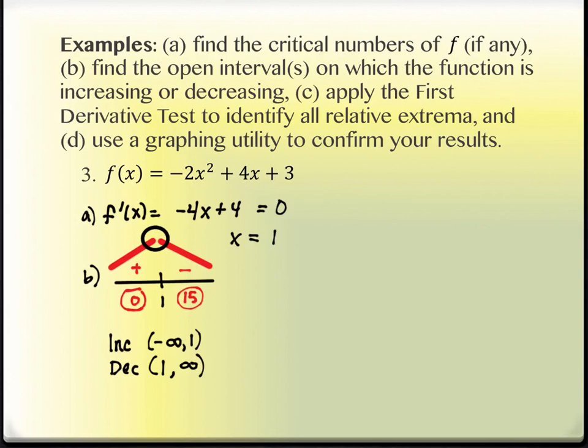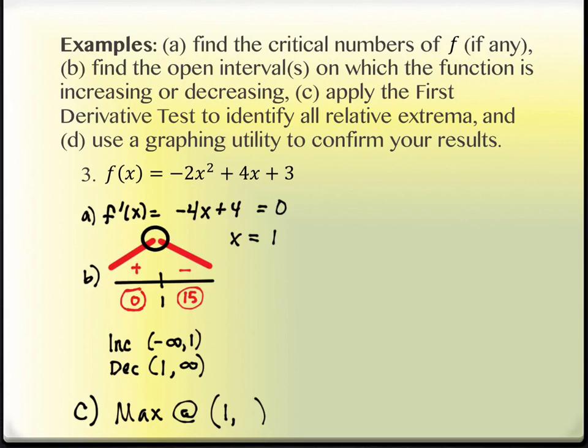So on step 3, we can describe that we have a maximum at, and the x value, we know the x value is 1. How can I find the y value? Plug it into the original equation.